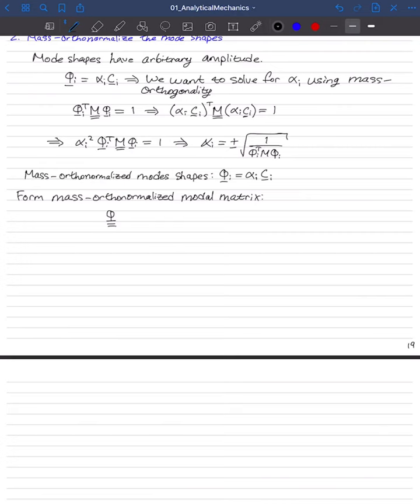And this matrix is going to be equal to, basically in every column, we're going to put a mode shape vector, from phi 1 to phi I, all the way up to phi n. And this modal matrix will satisfy the following.